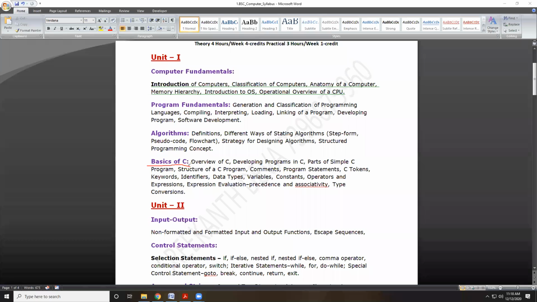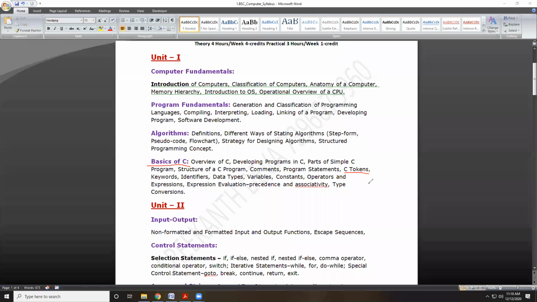And we are discussing C syntax, one program with the output, the flow of execution of a basic C program, and the complete structure of a C program, and C tokens.